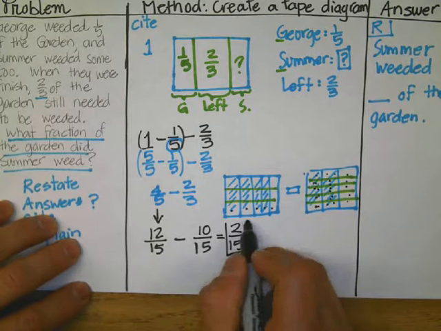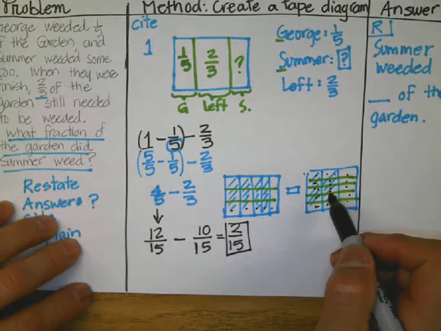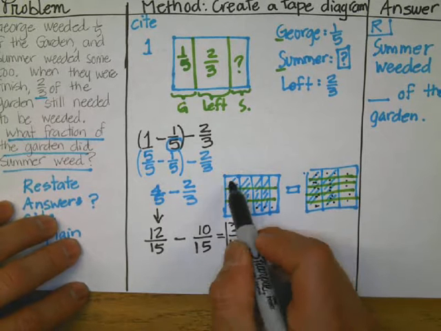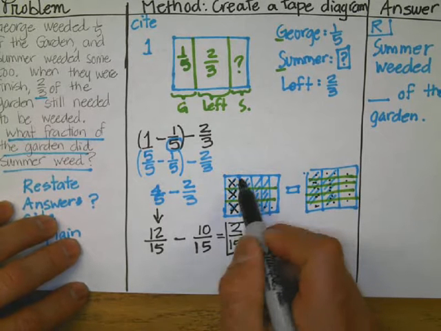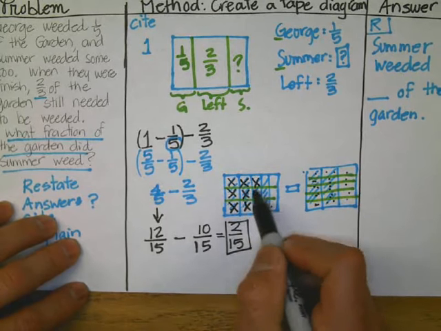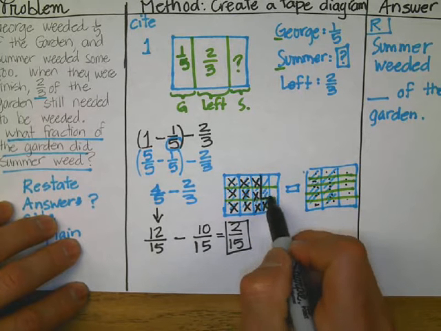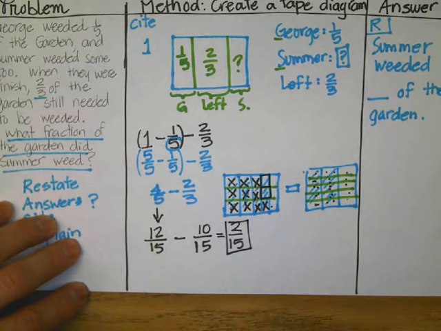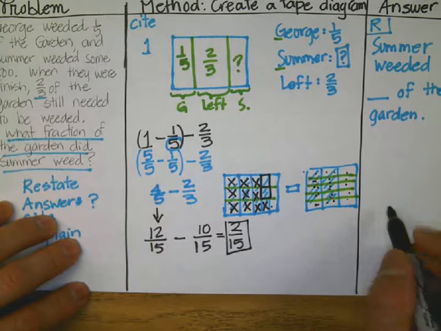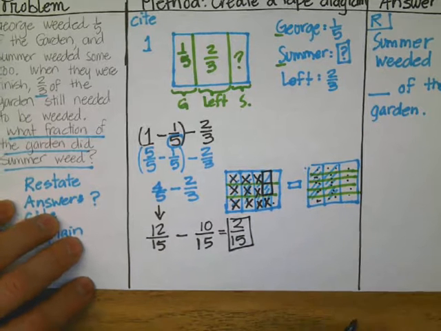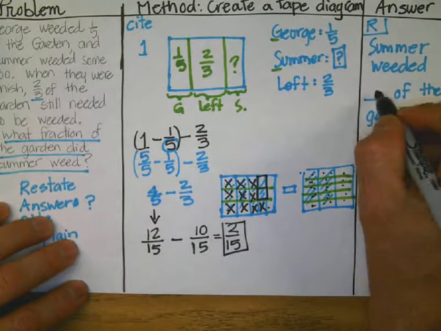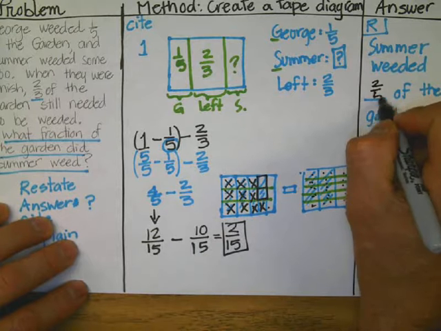Because if we take away 10 from here, we have, my friends, 2 left right here. So 15, that will be your answer. So what Summer did was 2/15.